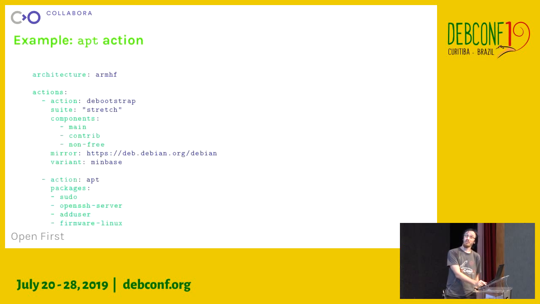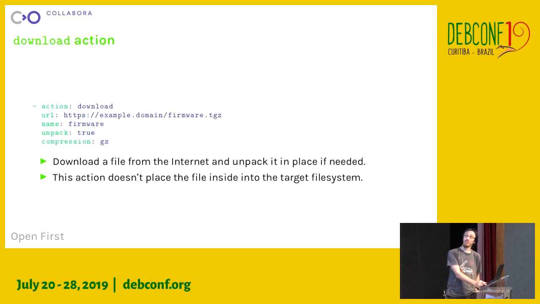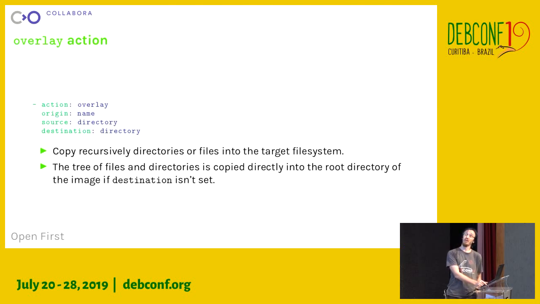You can download random files from the internet during the build process. You can also ask Debos to unpack it. Unpacking doesn't actually install files anywhere inside the image. It just unpacks it to the working directory of Debos. And then, using the overlay action, you can actually put that file, or the directory, somewhere inside the image.